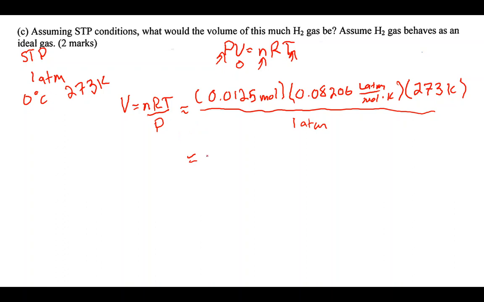And if you punch that through, you will get an answer in liters, and that would be 0.28, let's see, we get 3 sig figs, 280 liters. So that would be your answer for this one.